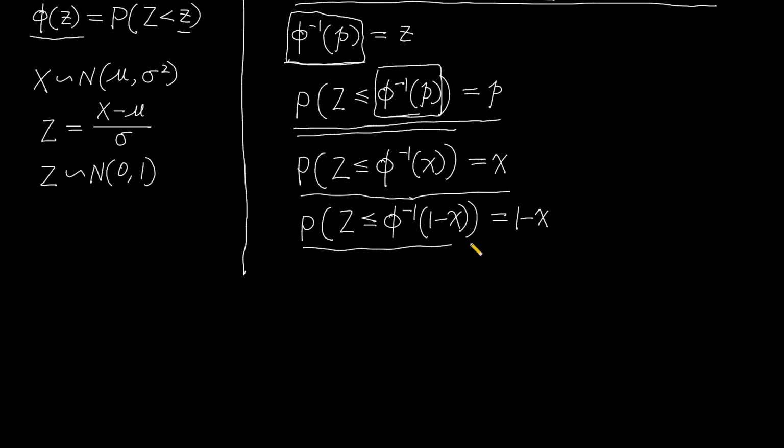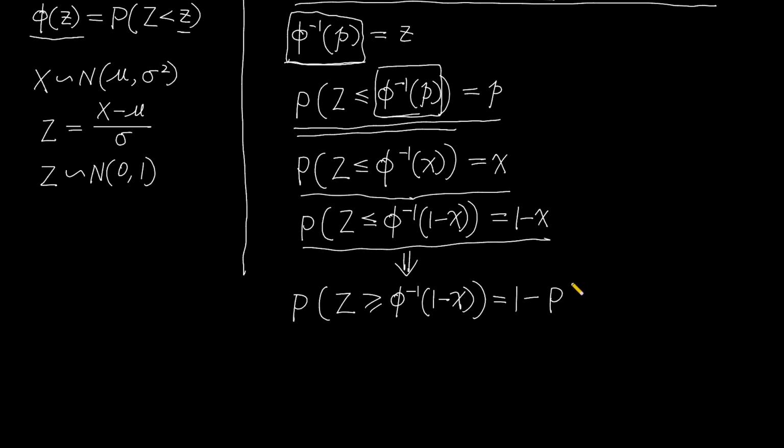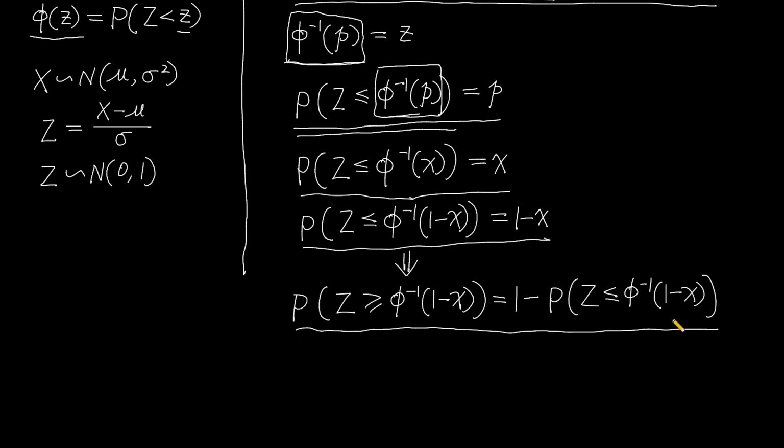Then from this we can get the probability that Z is bigger or equal to this. This equals 1 minus the probability that Z is smaller or equal to this. So this is the property of the probability.